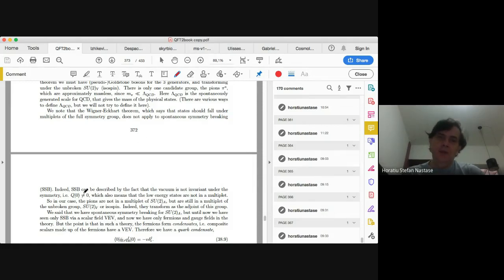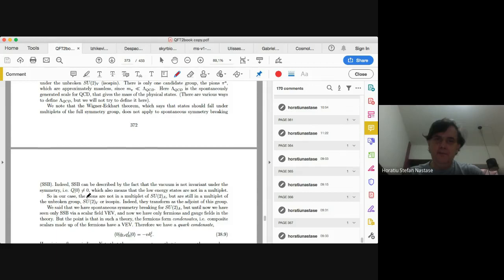The point is, in spontaneous symmetry breaking, the vacuum is not invariant under the symmetry. Meaning, if you act with generator Q on this vacuum, you don't get 0. So that means that the low energy states are not in the multiplet. The Wigner-Eckhart theorem does not apply, so the states are not in the multiplet.